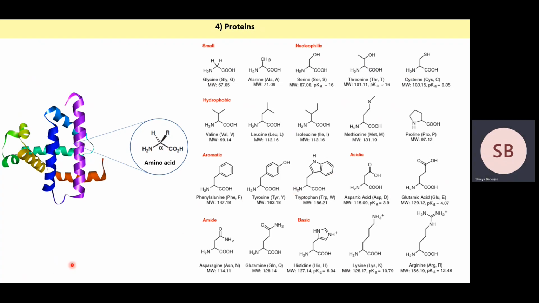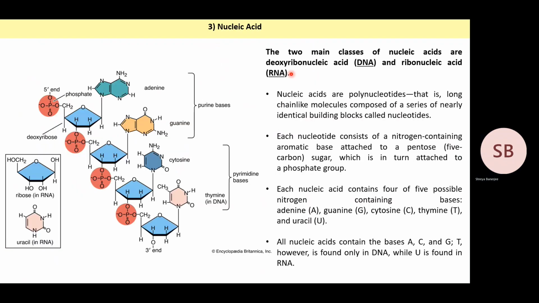Now we'll quickly go through the 20 naturally occurring amino acids. If the R group is H, then it is glycine. If the R group is CH3, it is alanine. Now it is important to remember the 3-letter and 1-letter code associated with each amino acid.